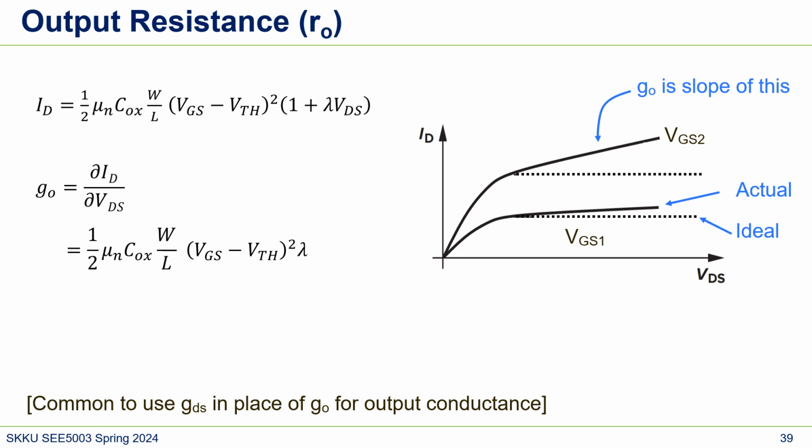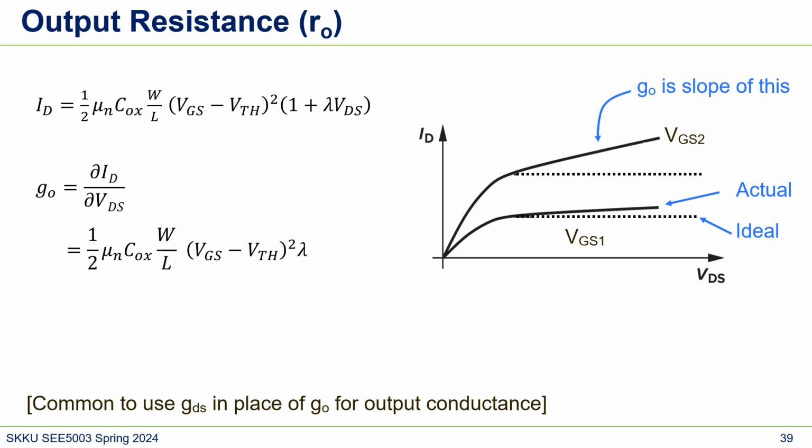Here we suddenly consider channel length modulation, right? I'll just say channel length modulation, because output resistance only exists when channel length modulation is there.